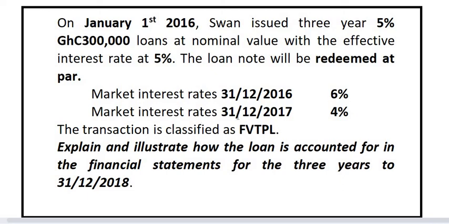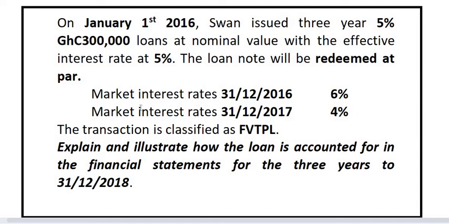Market rates at 31st December 2017 is 4%. The transaction is classified as fair value through profit or loss. Explain and illustrate how the loan is accounted for in the financial statements for the 3 years to 31st December 2018.